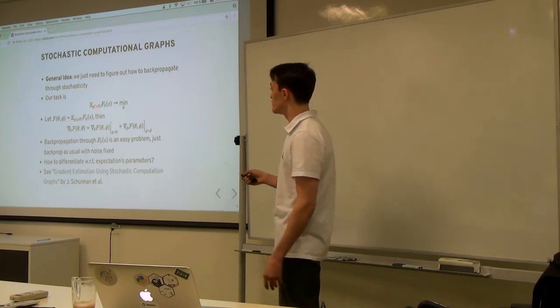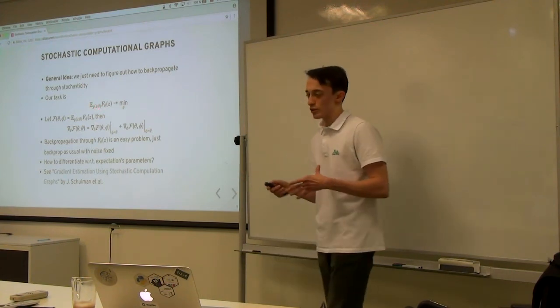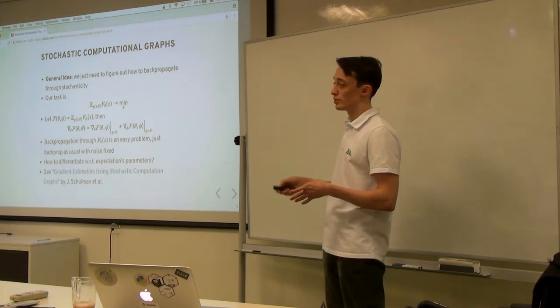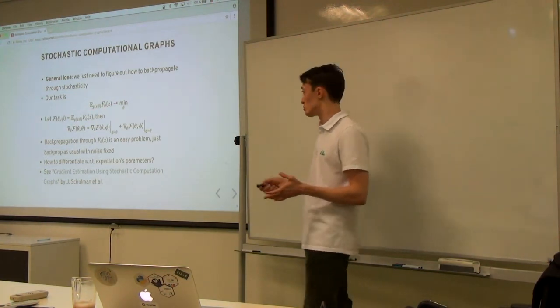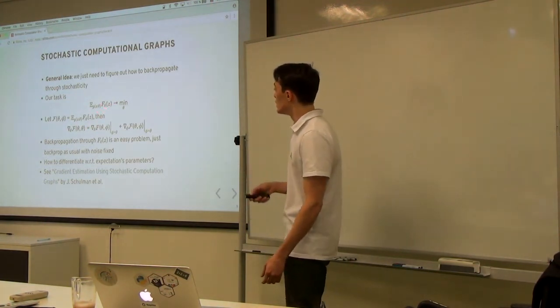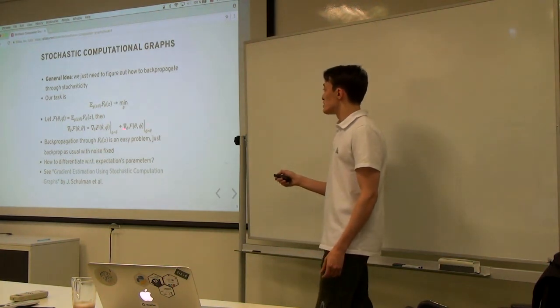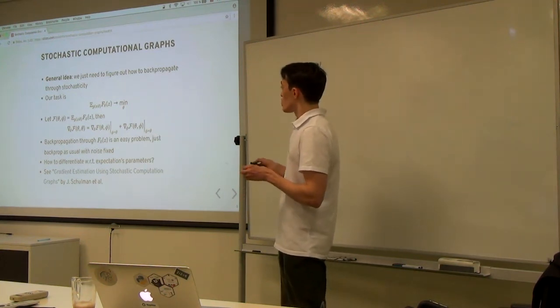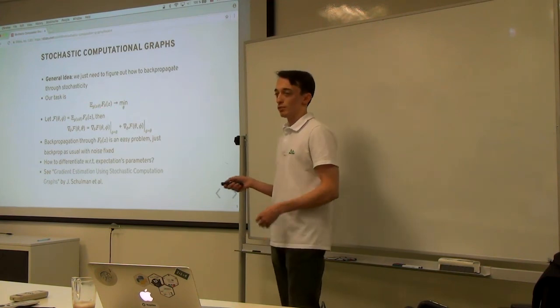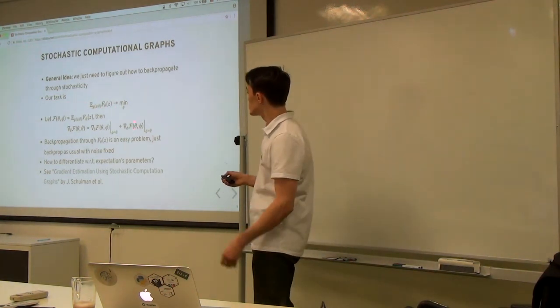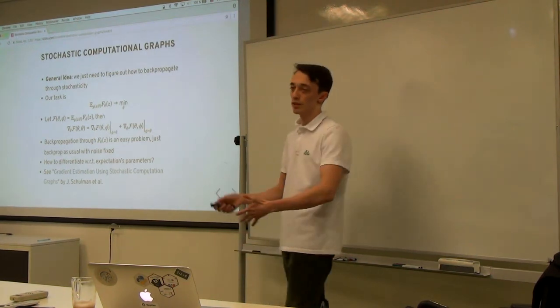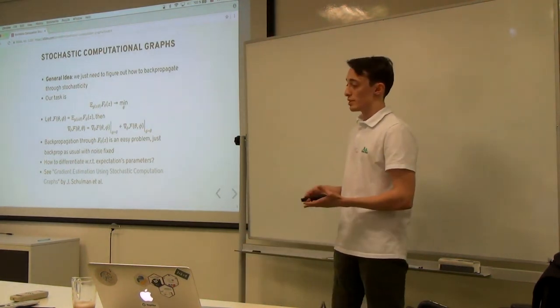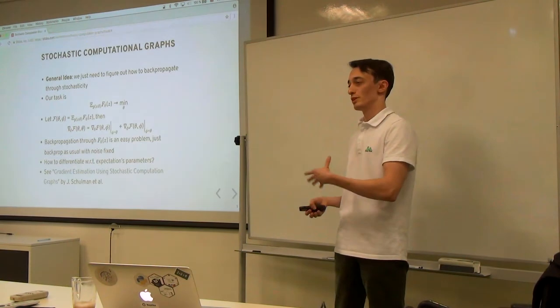The first term is the gradient of this distribution, so essentially it measures how much the whole thing is influenced by our choice of distribution pi of z. And the second term is just the expectation of the gradient of the function, which measures how the function itself influences it. The second term is easy to compute. You just sample your random variables as usual and substitute them into the gradient.